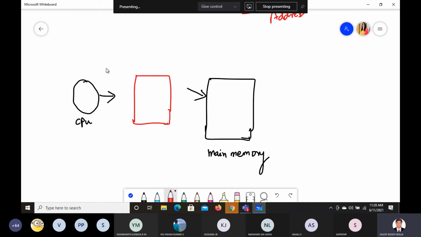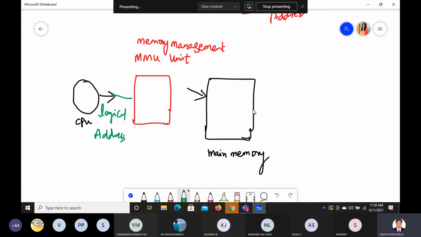This is called the memory management unit, the MMU. The CPU is going to generate the logical address.